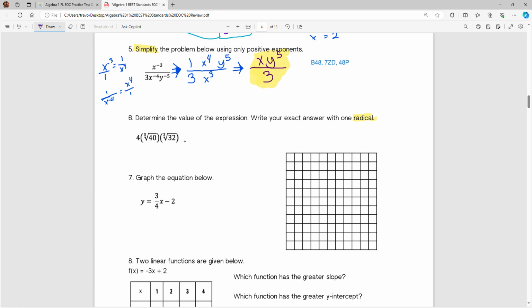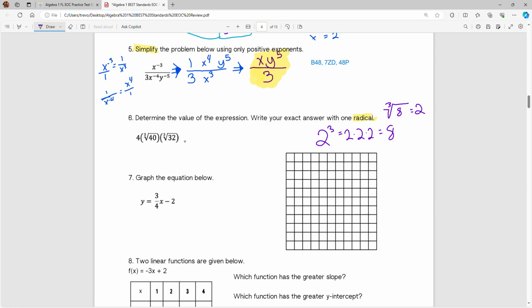But I also know 2 cubed equals 2 times 2 times 2. 2 times 2 is 4 times 2 is 8. So therefore, I know the cubed root of 8 would be equal to 2.